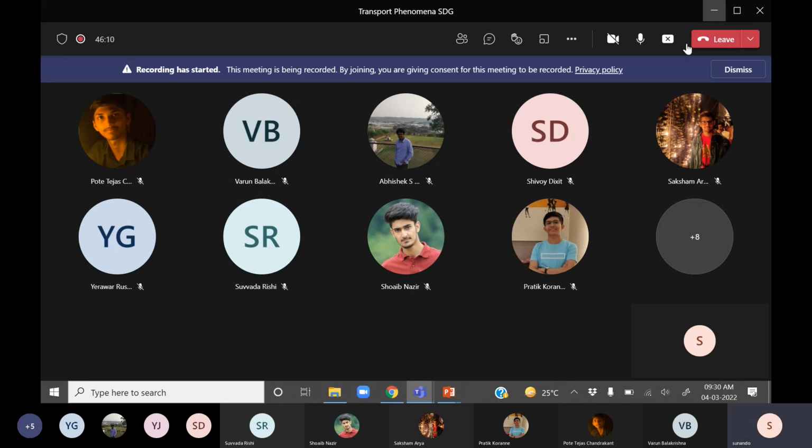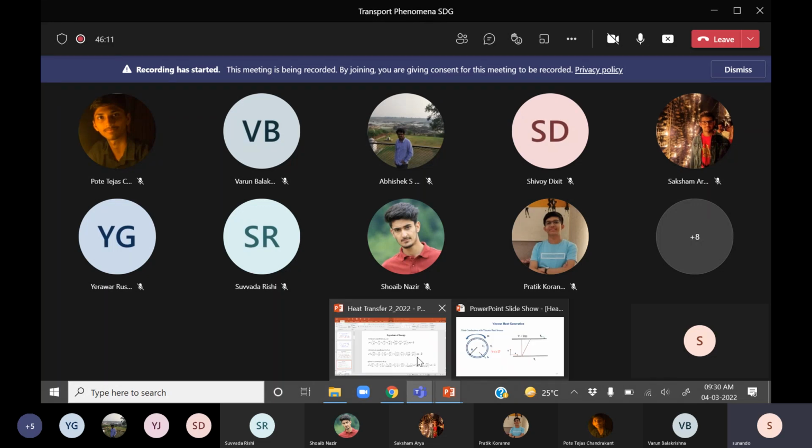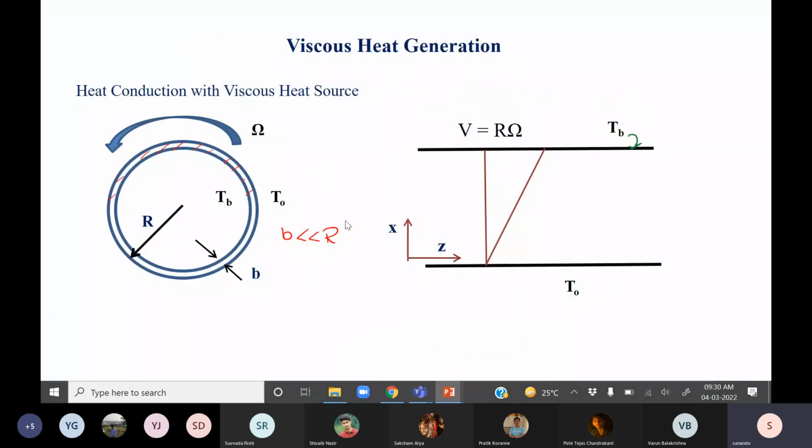The first thing that should come to us is that B is quite small in comparison to R. So what this allows us is to change the cylindrical system, as we have done before, to a Cartesian coordinate system. This is what I have drawn over here, where T0 is the lesser temperature and TB is the higher temperature, and the situation is essentially a Cartesian coordinate system.